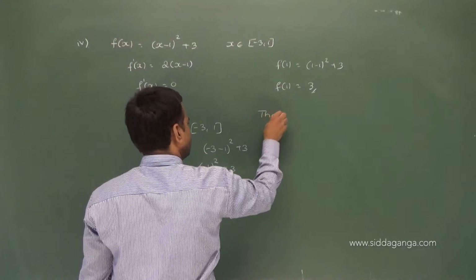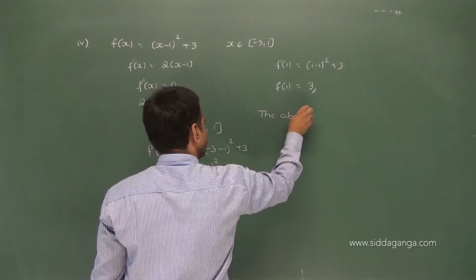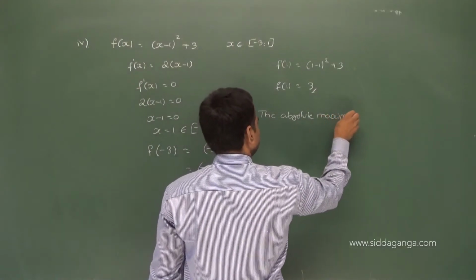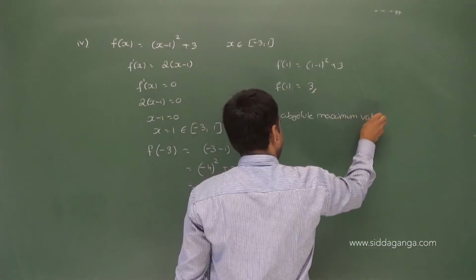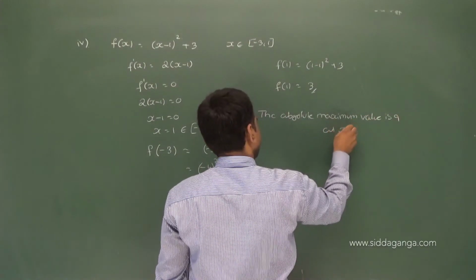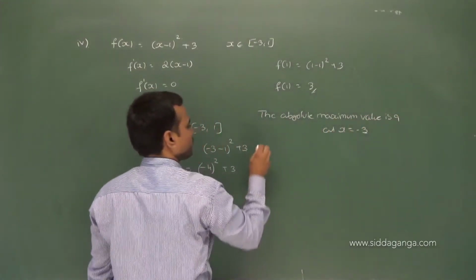First one, the absolute maximum value is 19 at x is equal to minus 3.